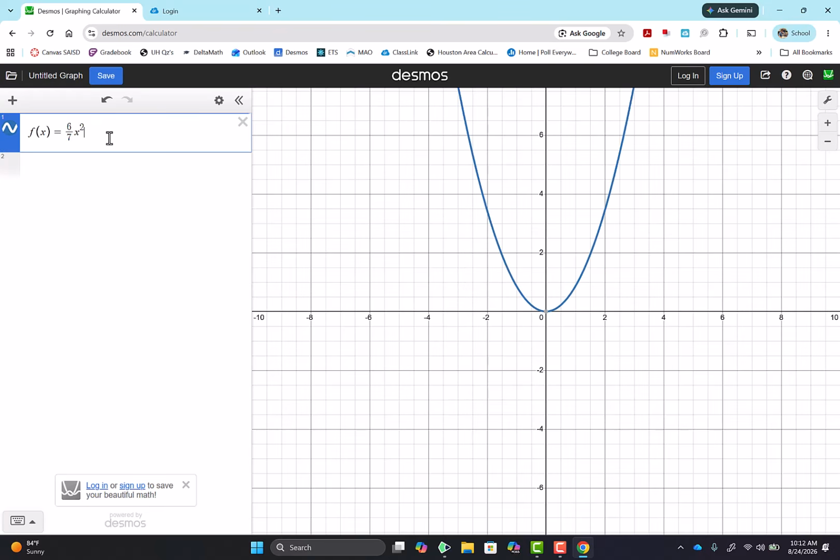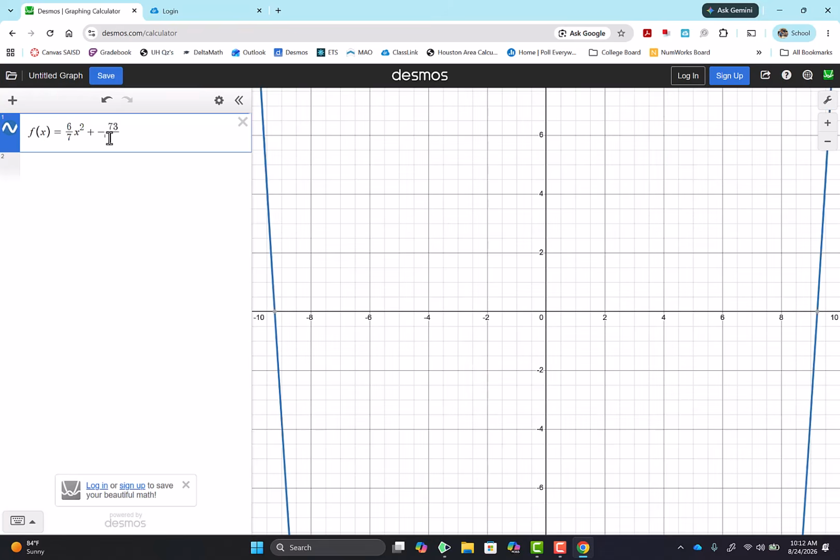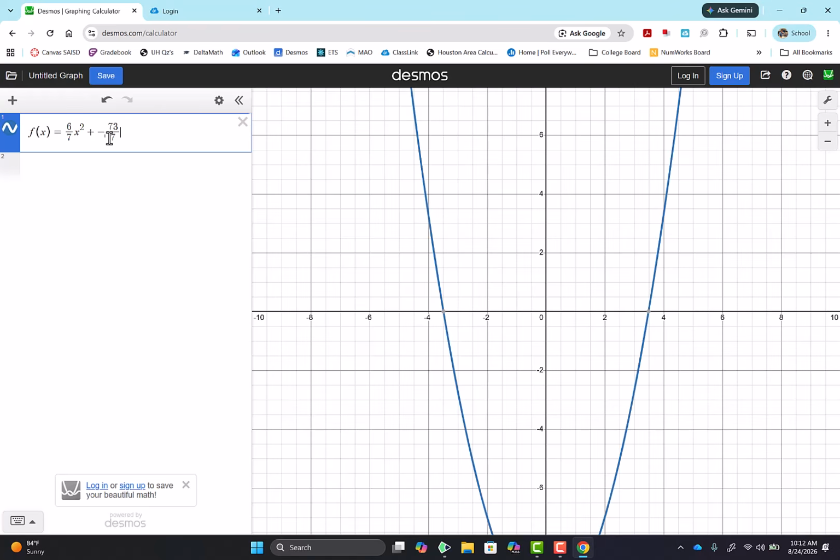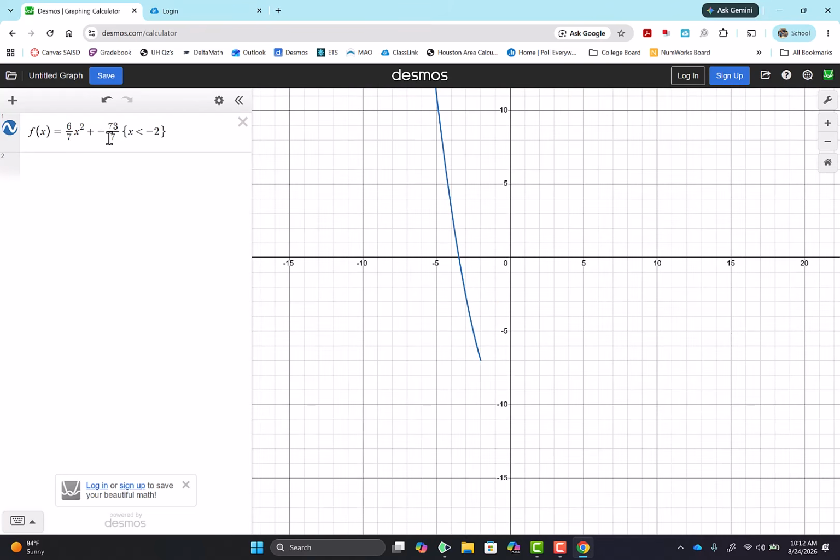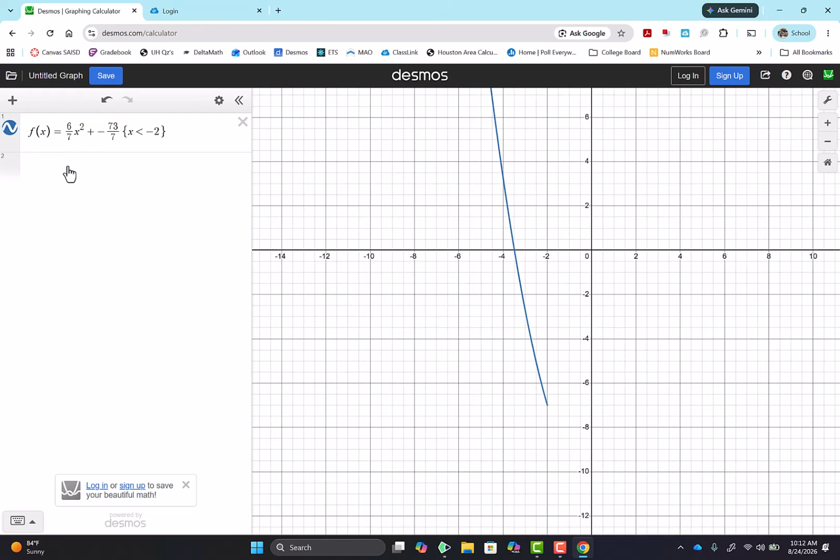What else do I have? Minus what? Or plus what? Negative 73 over 7. Okay, and then I'm going to put a curly bracket for x less than negative 2, and end curly bracket. So there it is. Do you guys see that? All right, look at this one.